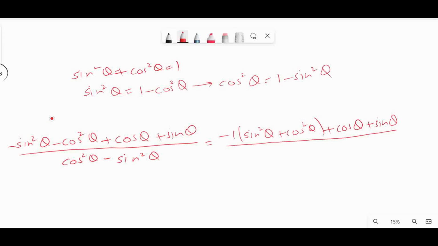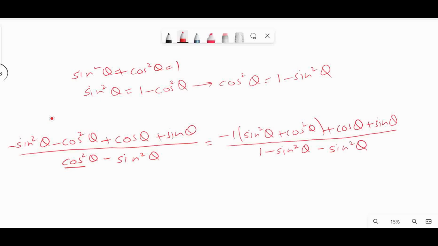So we can replace it over here: cos square theta is equal to 1 minus sine square theta, minus sine square theta as it is.